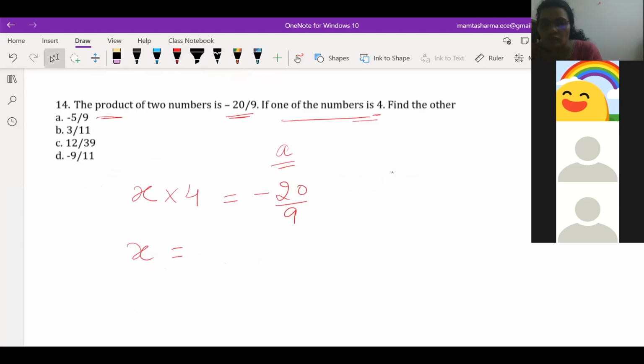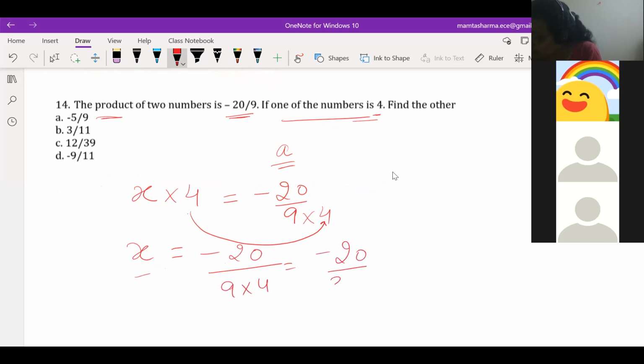The 4 will go to the other side, to the denominator side, so we should take the reciprocal. Take the reciprocal and you will get X. 9 into 4 would be 36. So 20 by 36, can we simplify it?